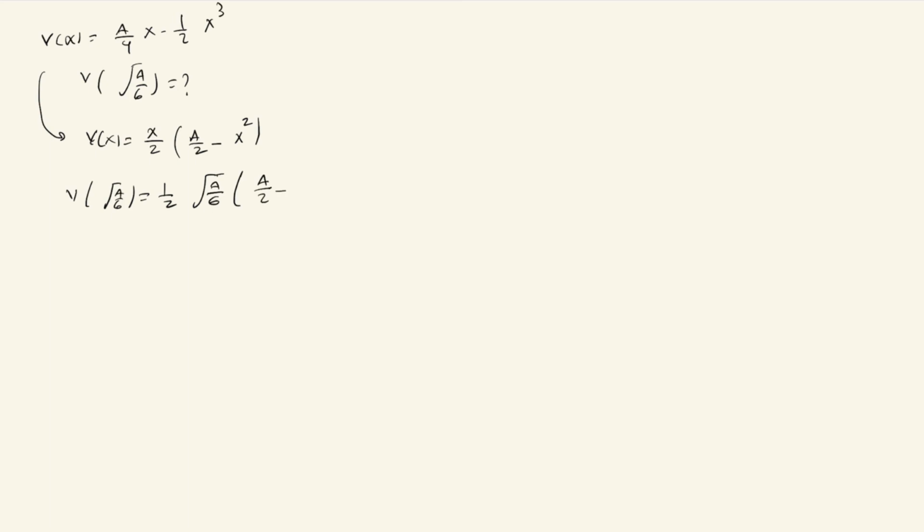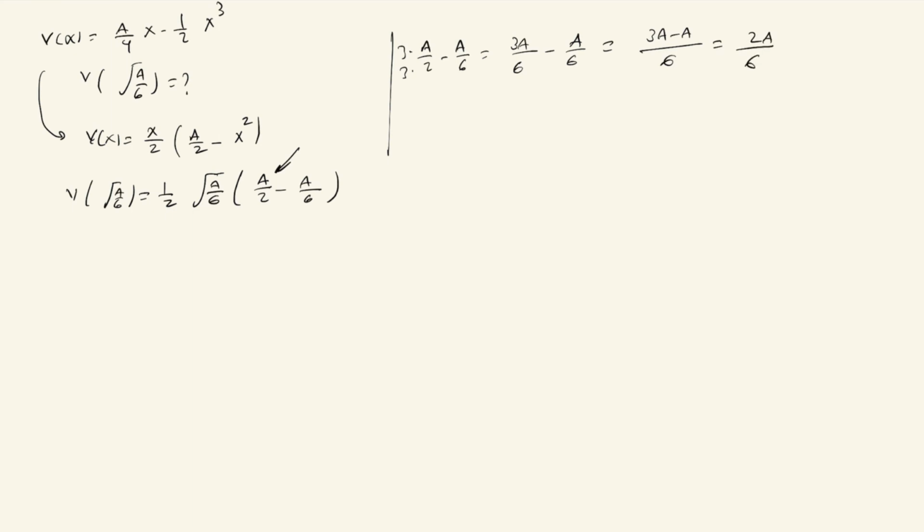And remember, x squared here is gonna be square root of a over 6 squared, which is gonna be a over 6. Now I'm gonna take these two fractions and simplify them. So the first fraction, I'm gonna multiply it by 3. So it's gonna be 3a over 6 and then minus a over 6. Now I can subtract these. I end up with 2a over 6. Now I'll plug that value back into our function.